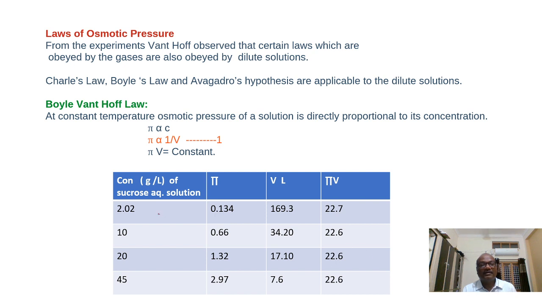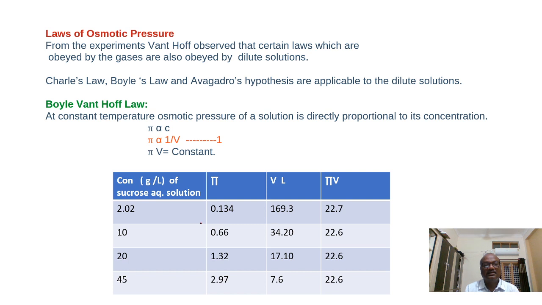These are data given in support of the Boyle's Van 't Hoff law. For sucrose aqueous solutions at different concentrations, pi and V are observed and the product of pi and V is calculated. For 2.02 grams per liter, the osmotic pressure was 0.134 atmospheres, volume is 169.3 liters, and the product pi V is 22.7.